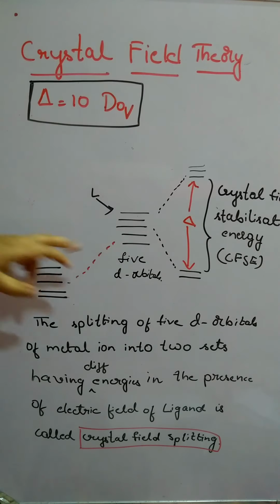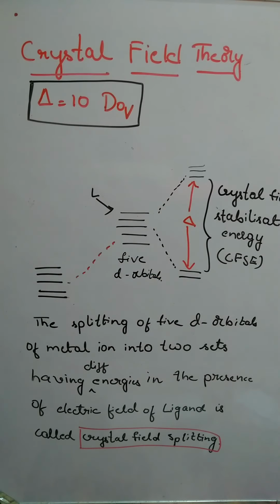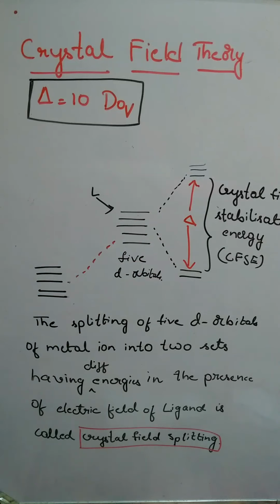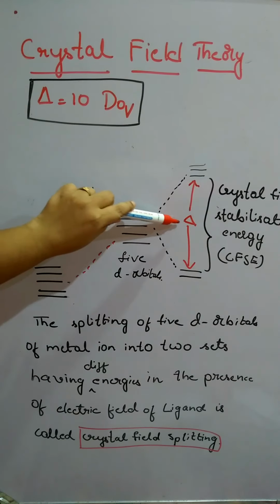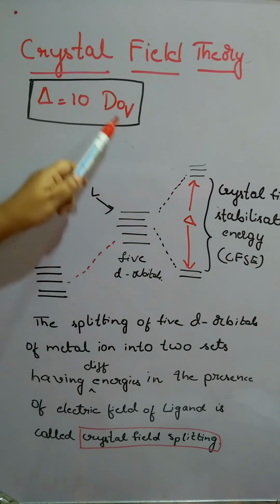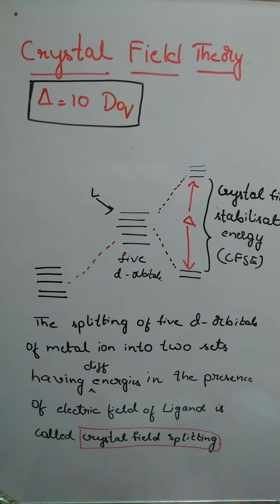The extent of energy we are calculating is called crystal field stabilization energy, denoted by delta, measured using a parameter called Dq, and arbitrarily we have assigned that delta is equal to 10 Dq.